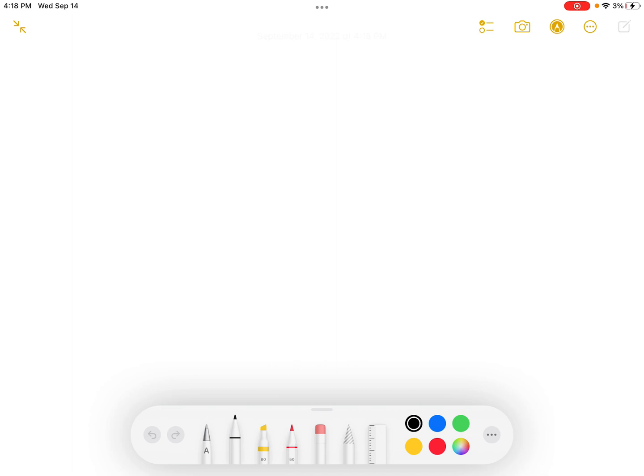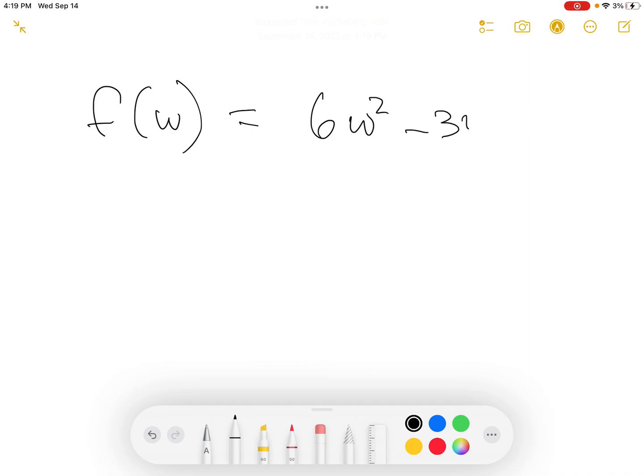What else do we got? Okay, this is another important thing here, plugging things into quadratic equations. So let's say I have some function. Let's call this f of w, just to mix the letters up. And let's say I have 6w squared minus 3w plus 2. And I'm going to do f of negative 2.